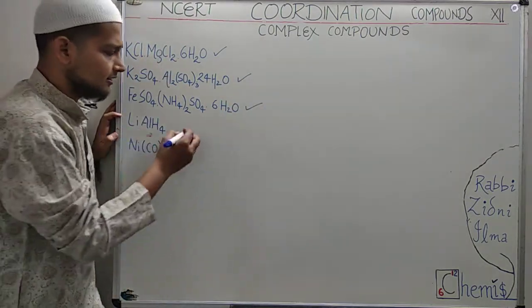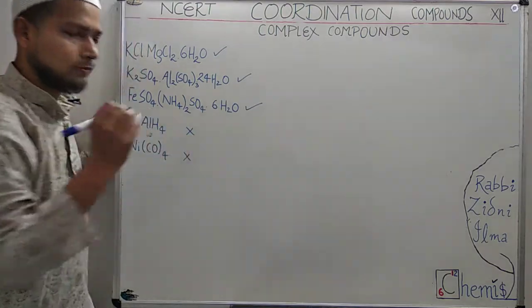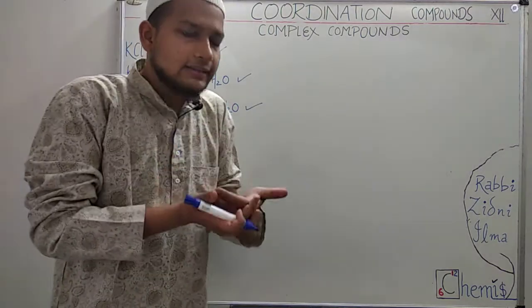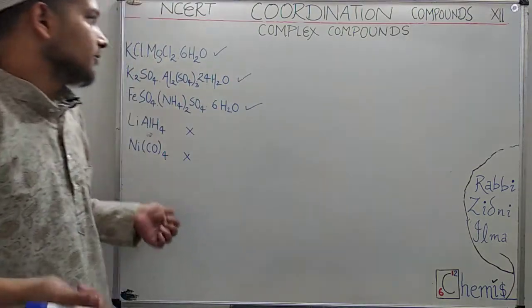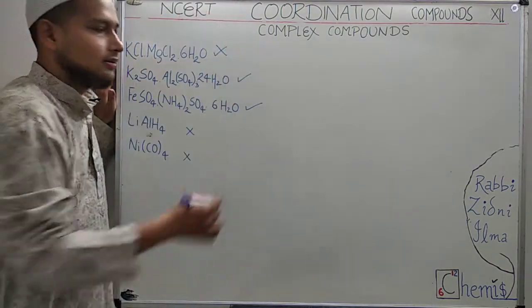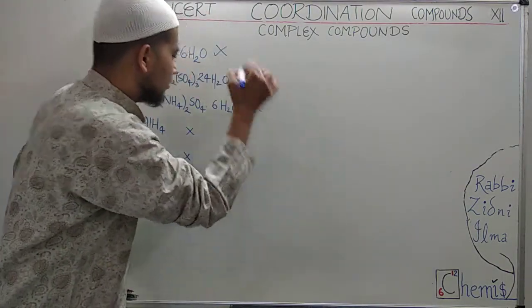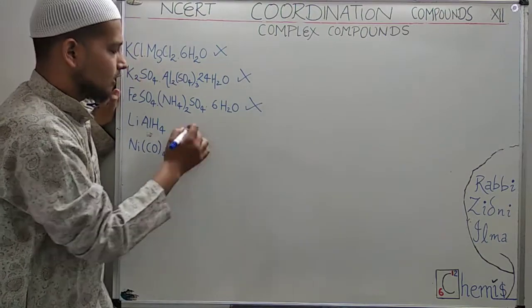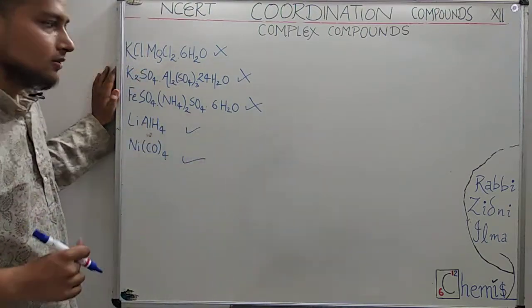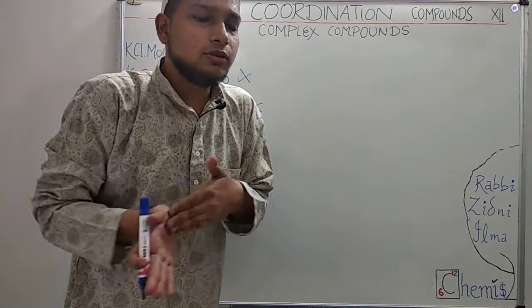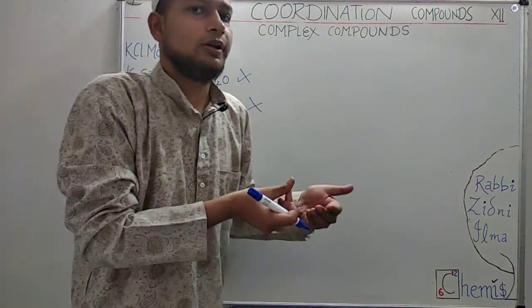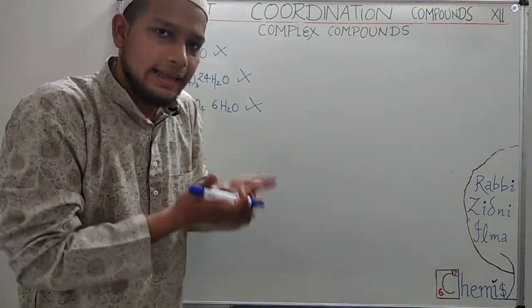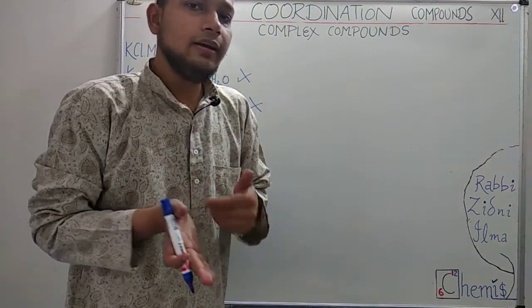Lithium aluminum hydride is not a complex. Now, the correct answer to this problem is, this is not a complex, not a complex, and these two are our complexes. So how will we judge which of the given compounds is a complex? How will we name them, and we will study their properties.